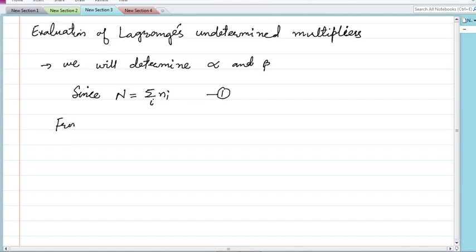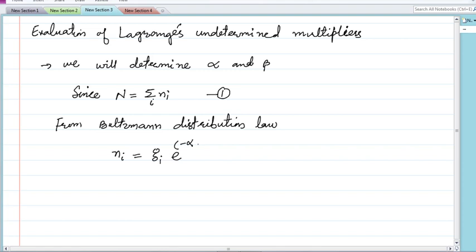Also, from Boltzmann distribution law, which says that ni is equal to gi e raised power minus alpha minus beta ei. We derived this relation in Maxwell-Boltzmann distribution law.